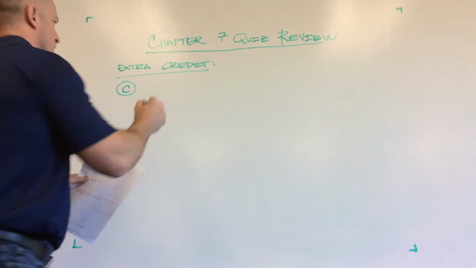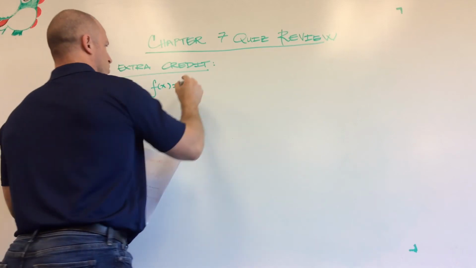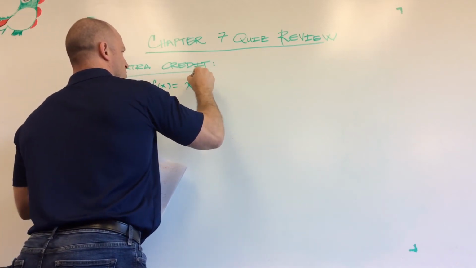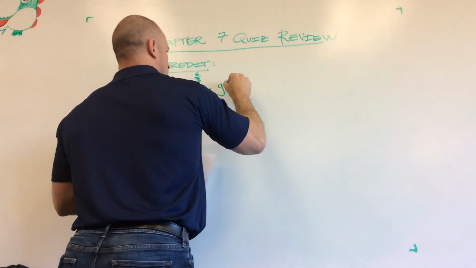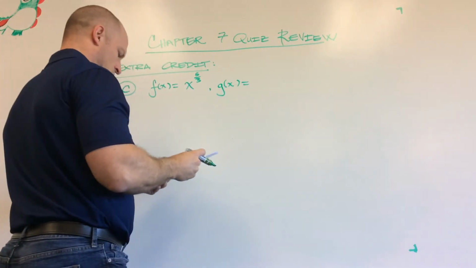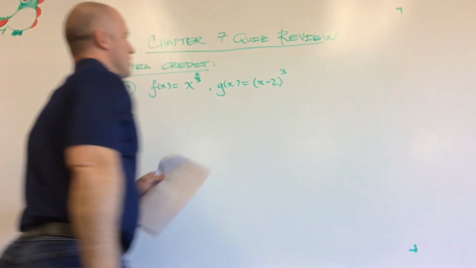Okay, f of x equals x to the 5/3 power. g of x equals x minus 2 to the 3rd power.